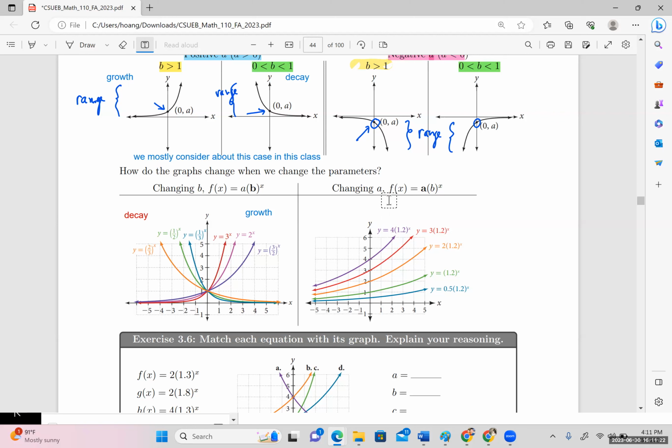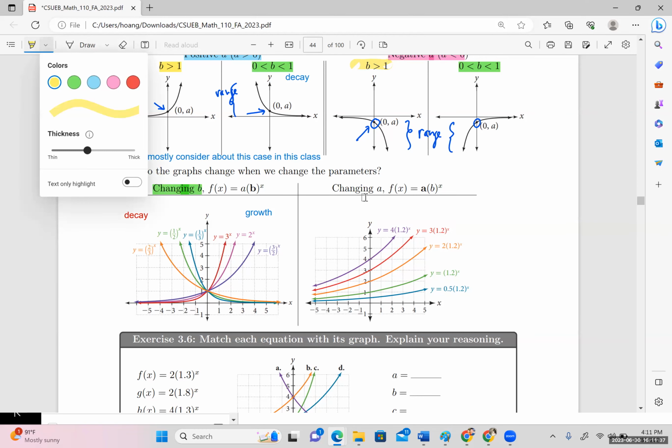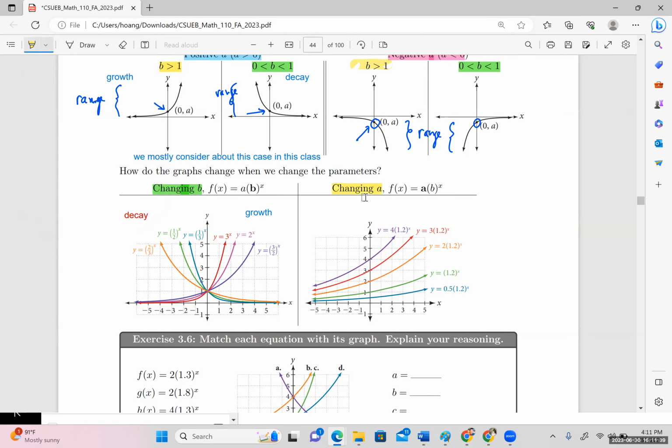On the other hand, if you want to change the initial amount, let me say changing b is the growth factor or decay factor, and the other one is changing a as the initial amount. So it will change your y-intercept.